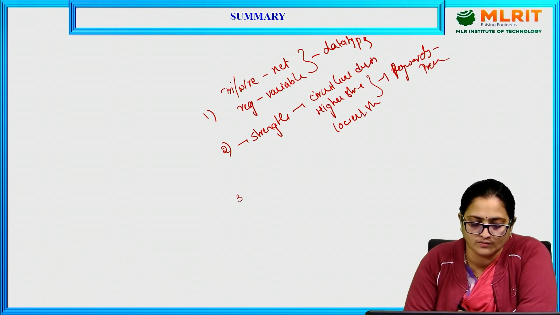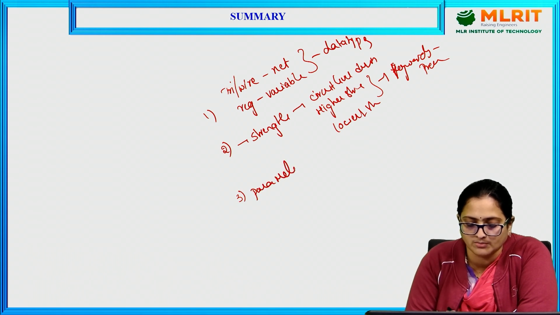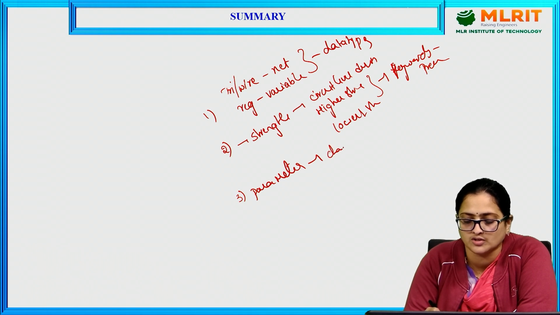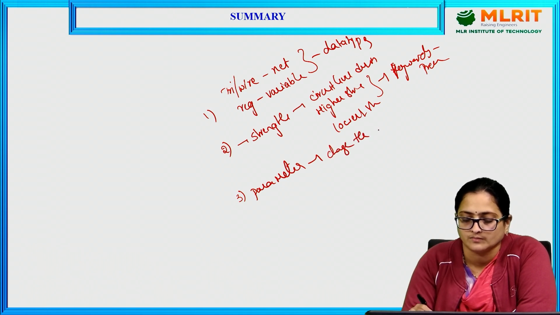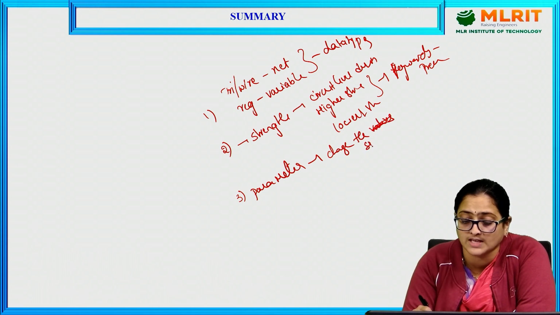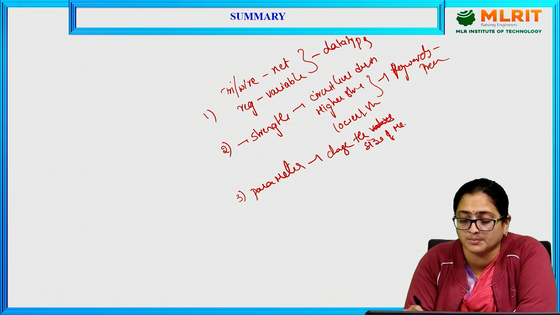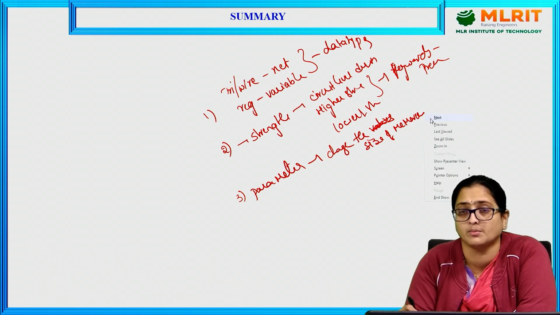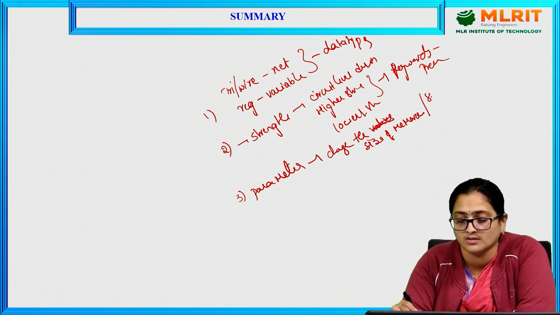And the next one we have checked is parameter. The parameter keyword is used to change the size of your memory or the size of a bus.